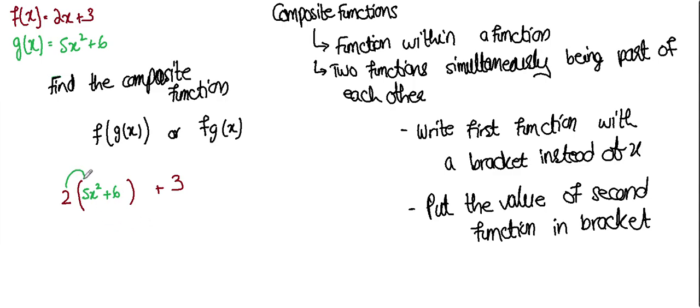Now we have to expand this bracket. 2 into 5x squared will be 10x squared. 2 into 6 is 12 plus 3. This gives us 10x squared plus 15 equals f of g of x.